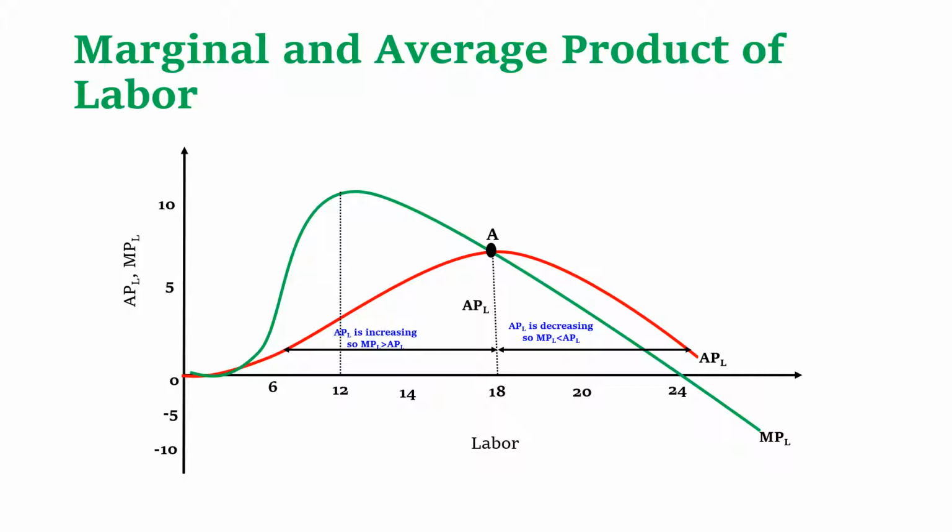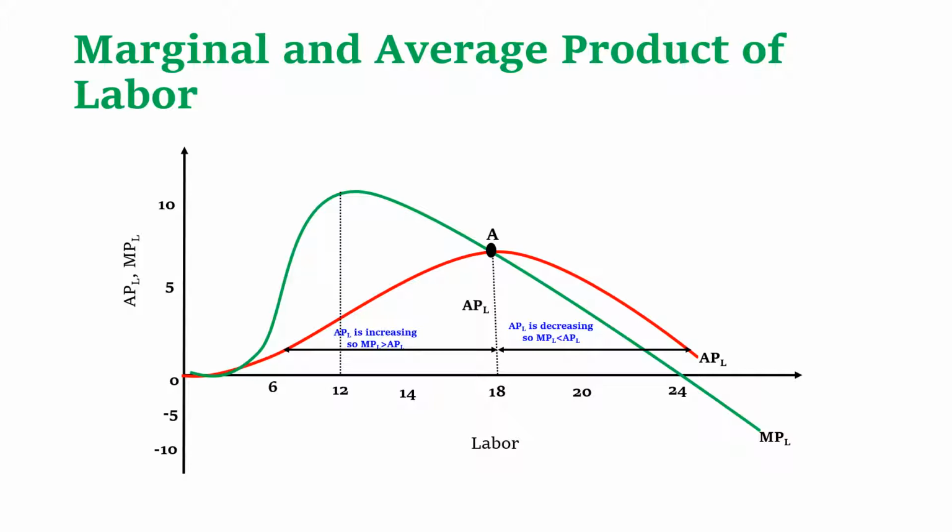They are all U-shaped. Because over the range where the average product is increasing, the marginal product curve is above the average product curve. And over the range where the average product is decreasing, the marginal product curve is below the average product curve. So at the point where the average product curve attains a maximum, the marginal product curve cuts the average product curve.